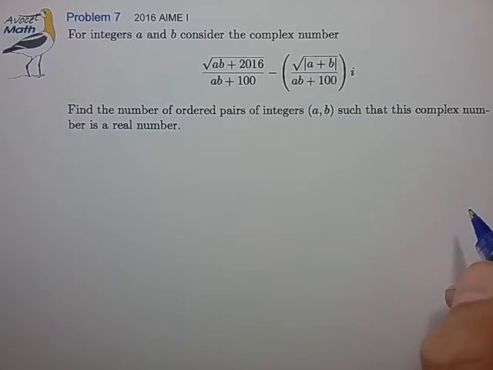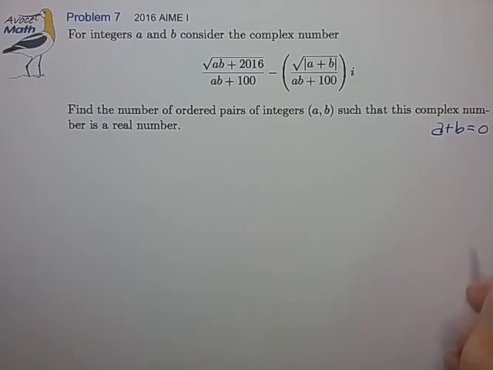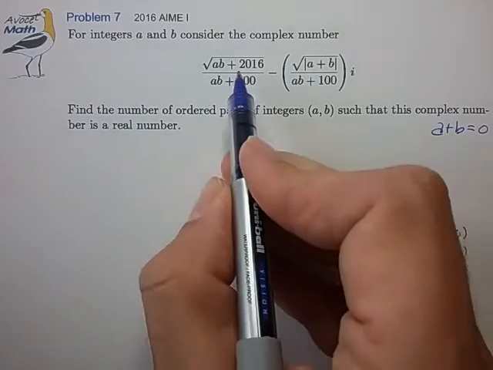And it looks like we could choose, let's say, a plus b equal to 0. We could certainly choose 0, 0. That works. We could choose 1, minus 1, or plus 2, minus 2, and so on, all the way up to just below the square root of 2016.